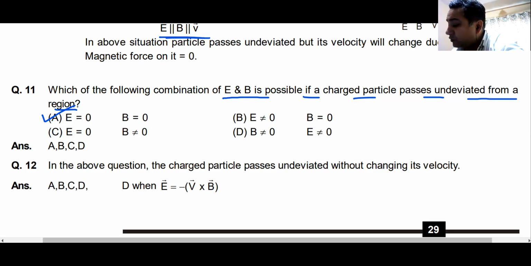Look at point number 2. E is not equal to 0 and B is equal to 0. Is it possible that the particle goes undeviated? It moves in a straight line? Yes, sir. Give me the example.